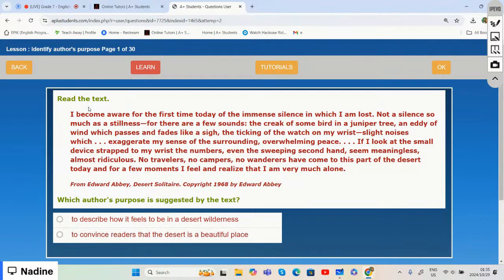Which one is correct, option one or option two? We need to choose the correct one.